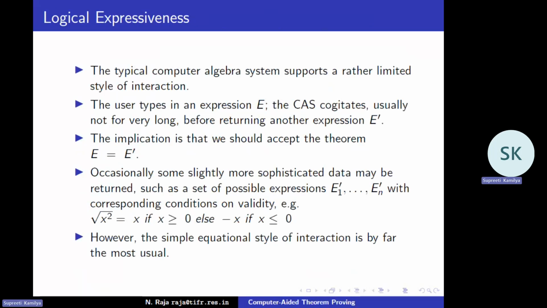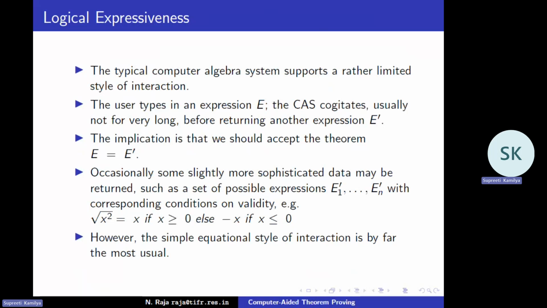So what about expressiveness? A typical computer algebra system, like Maple, has a rather limited style of interaction. You type out an expression, and then the computer algebra system thinks for a while, and then it returns to you another expression, E prime.